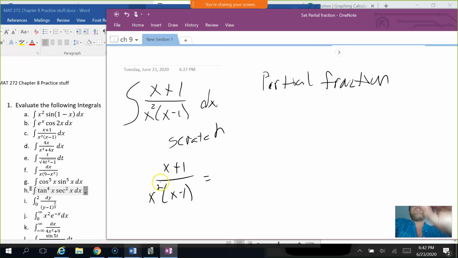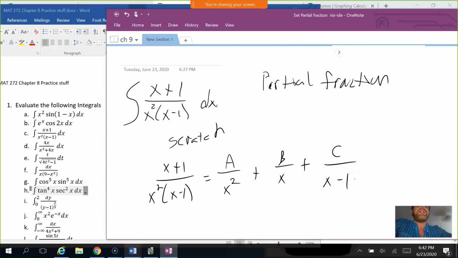My linear factor x is squared though, which means that I'm going to get a constant over the x squared plus a constant over the x plus a constant over the last factor x minus 1. Remember that whenever you have a power on the factor, you're going to have a fraction for every single one of those powers going down to 1. Linear factors always get constants up top.